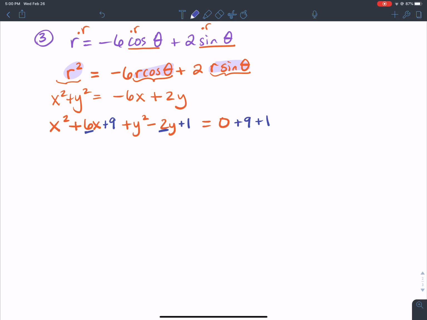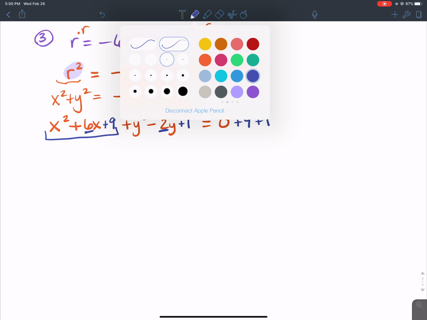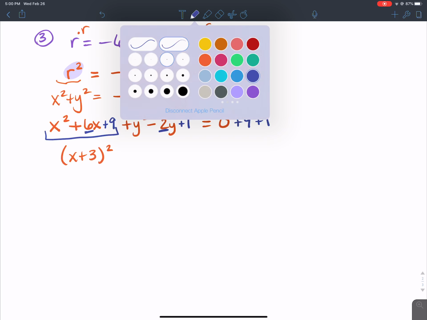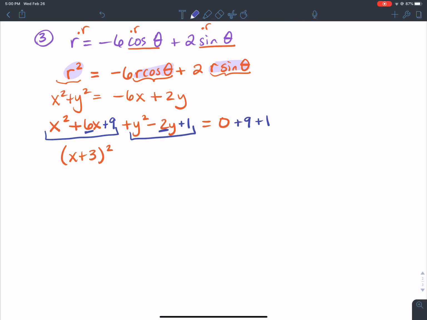And once you've done that, you have factorable pieces here. This factors into x plus 3 squared. This part factors into y minus 1 squared. And on the right-hand side, we get 10.